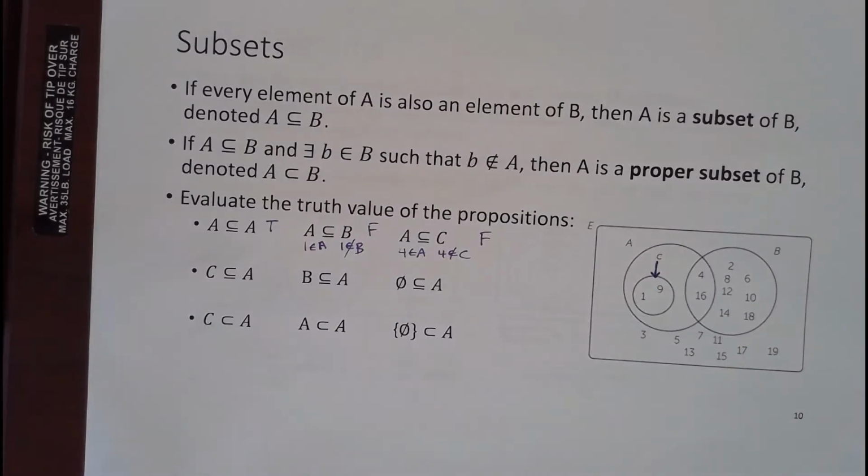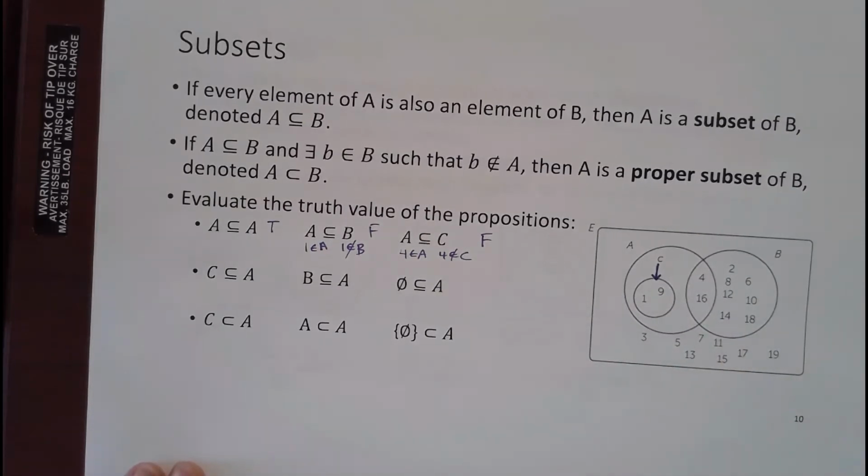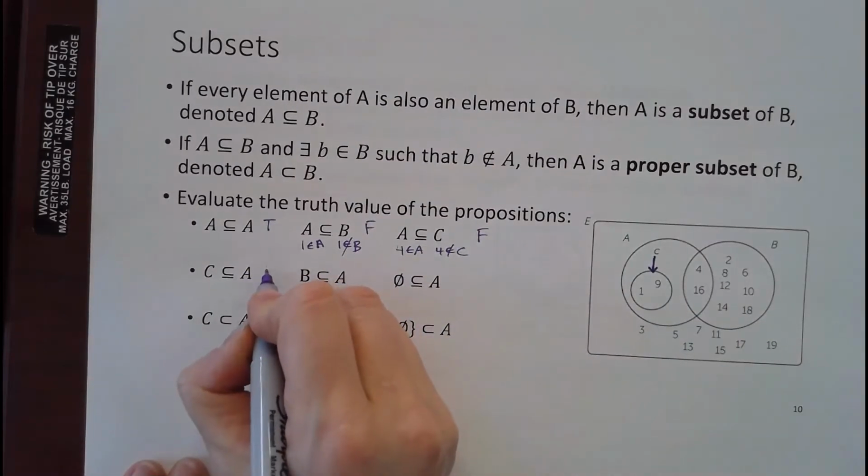We won't do counterexamples for all of them. Is C a subset of A? Everything in C is an element of A. I see heads nodding. Yes, it is true. There's only 2 things in C, 1 and 9, and they're both in A. So this one is true.